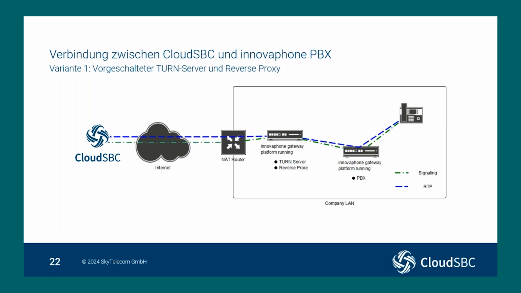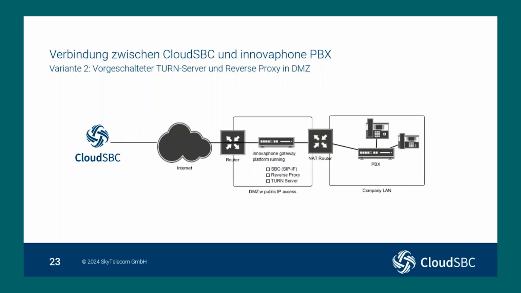If your customer is very sensitive and won't allow a port forwarding into the company network, yes, you could also place this dedicated gateway in the DMZ between the external and internal firewall. From Innovaphone perspective, it's always the same. There's no real difference in security mechanism because the connection is always done via the reverse proxy.